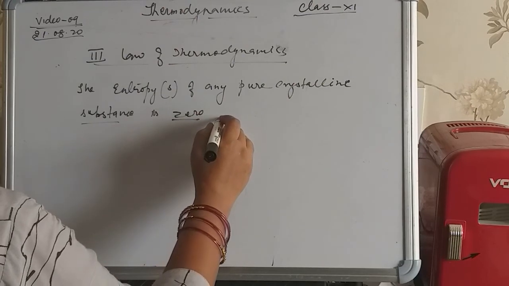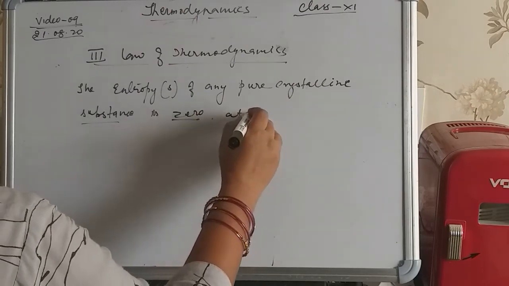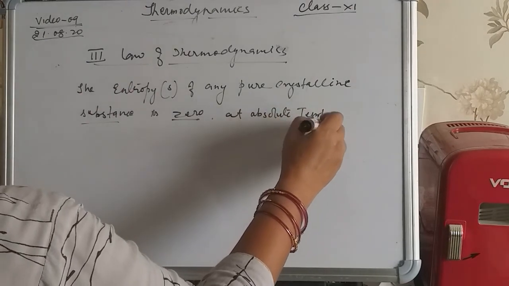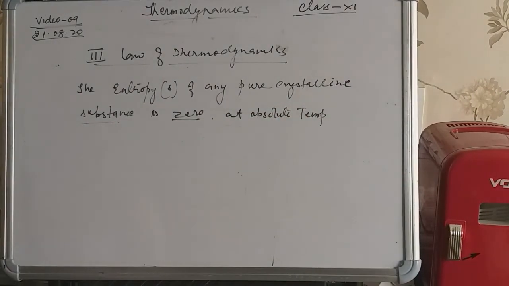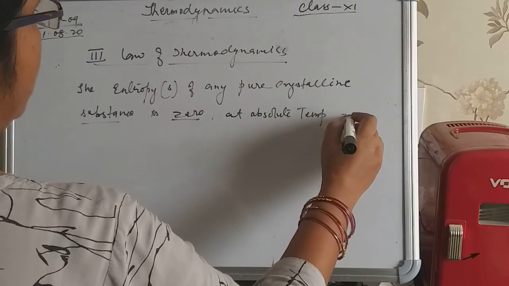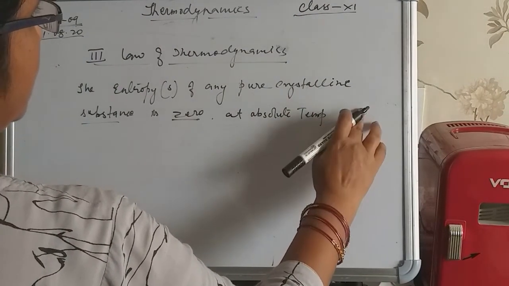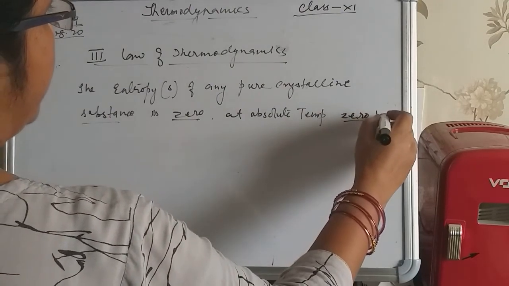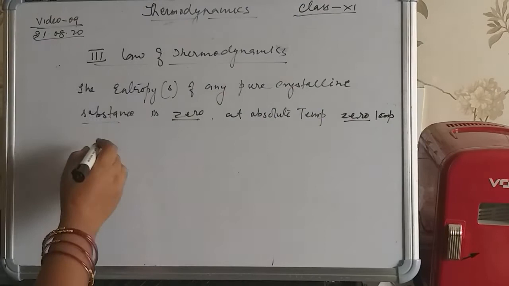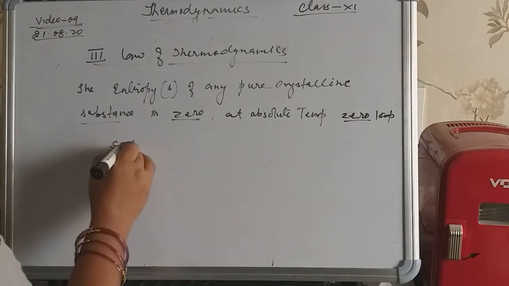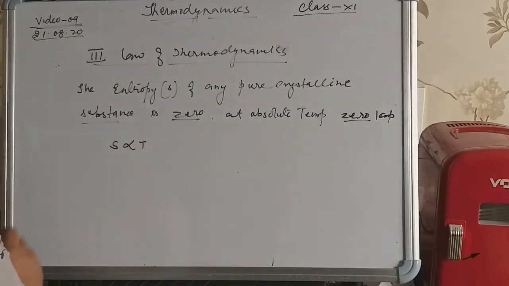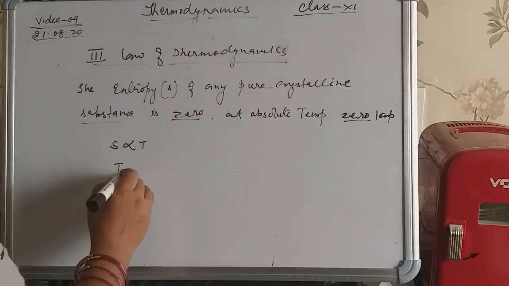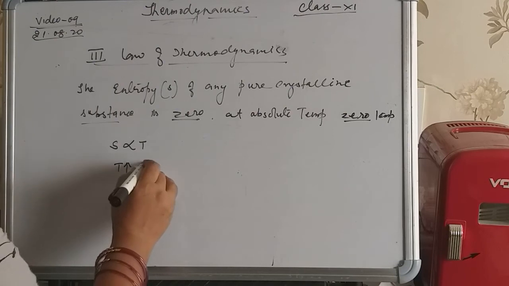And this is at absolute temperature. The absolute temperature means 0 Kelvin. We know that entropy is directly proportional to the temperature, not change in entropy. Whenever we increase the temperature, randomness also increases.